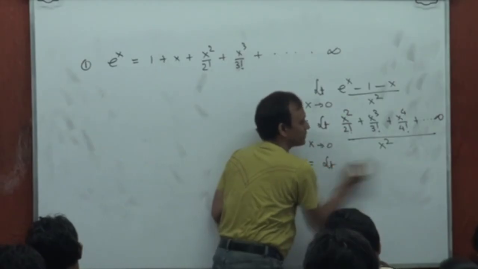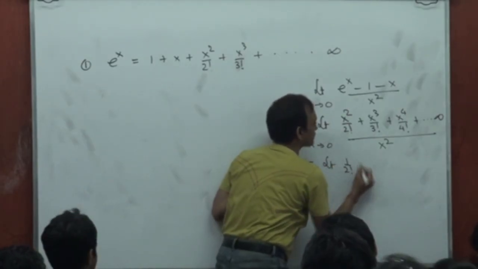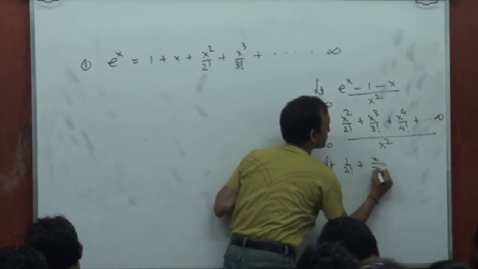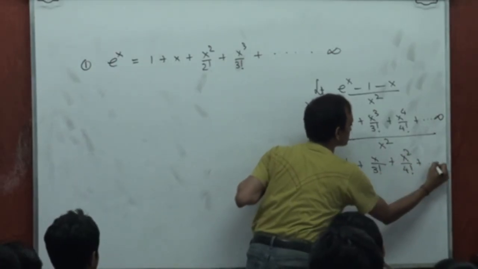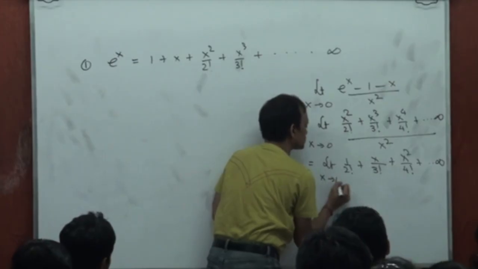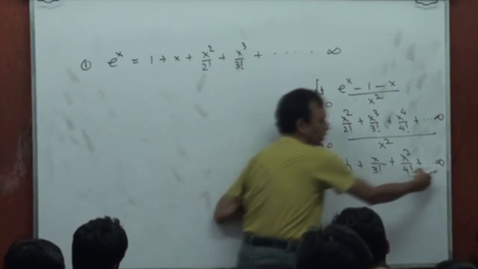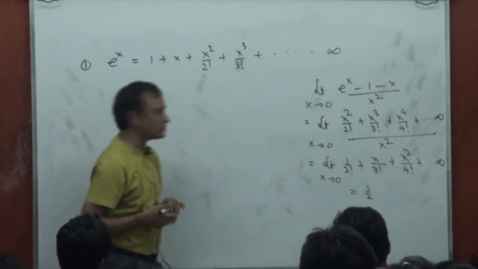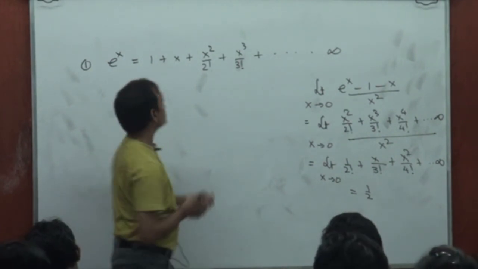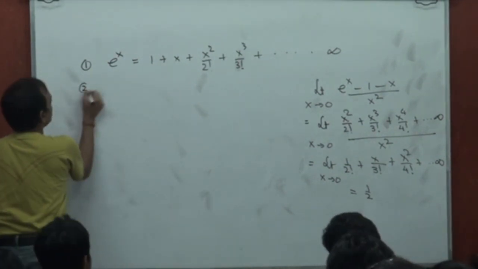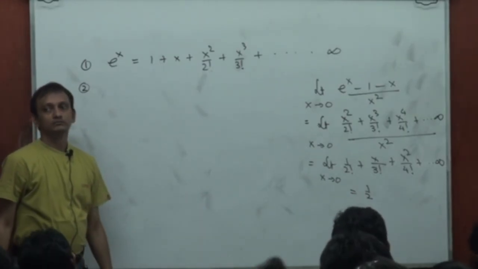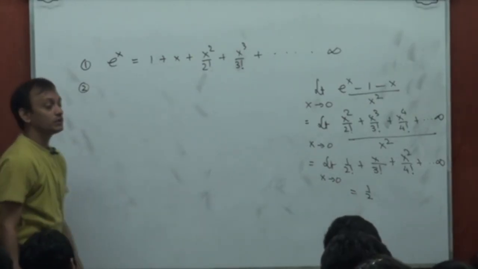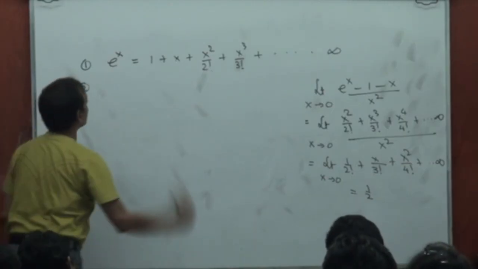Which is like limit, on dividing by x squared, 1 by 2 factorial plus x by 3 factorial plus x square by 4 factorial plus other terms that will contain x, as x tends to 0, which is going to be half, because all of the terms vanish as x tends to 0, right? And then you have the trigonometric series, the sin x and cos x.